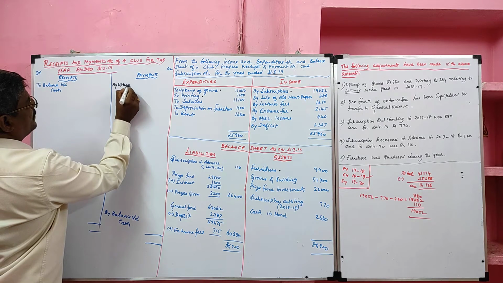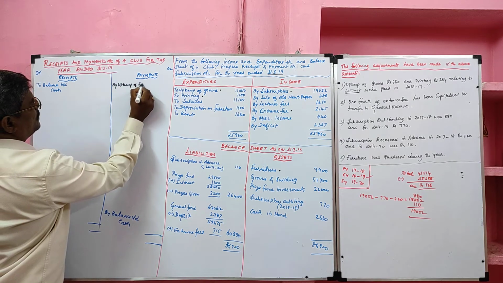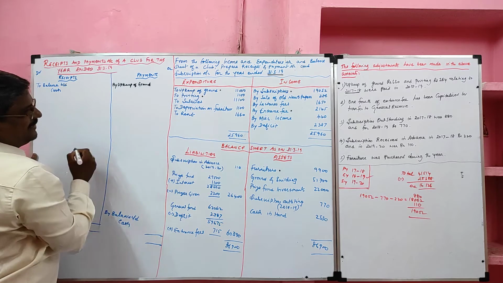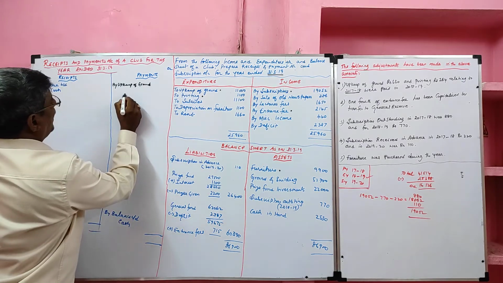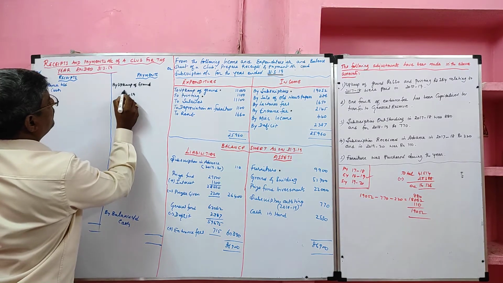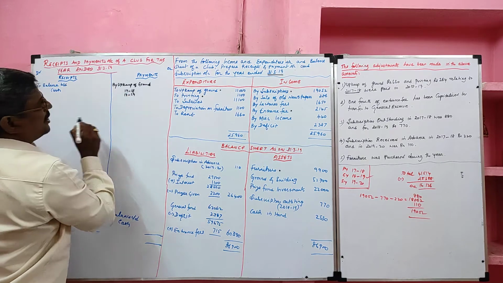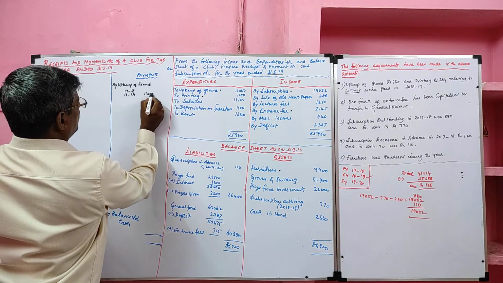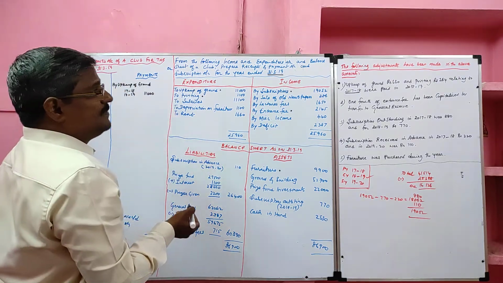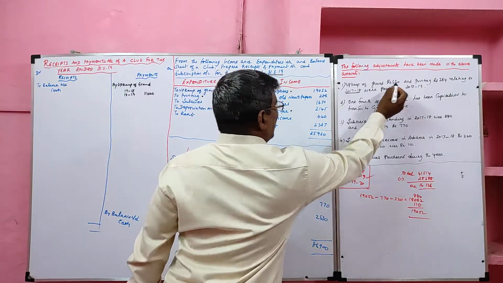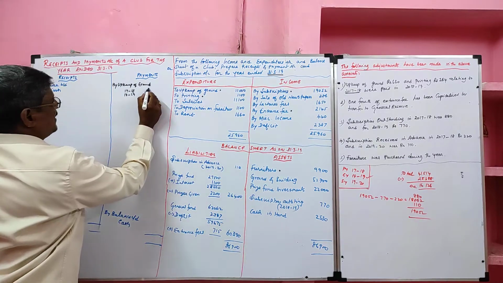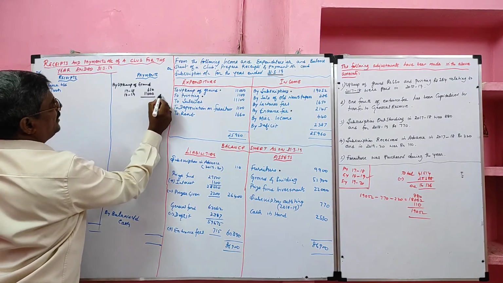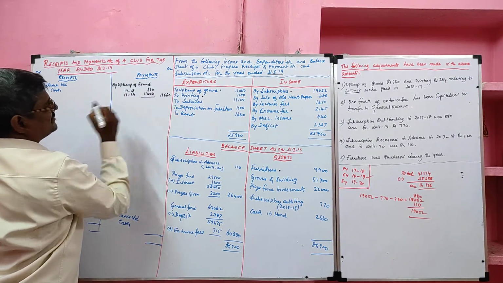By upkeep of ground. Current year 2018-19, previous year 2017-18. So our current year expenditure is 11,000. Previous year upkeep of ground paid in the current year is 660 rupees. So totally we paid 11,660.